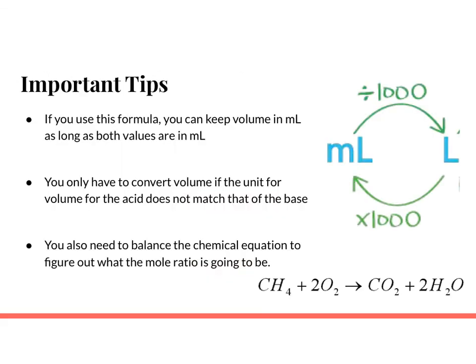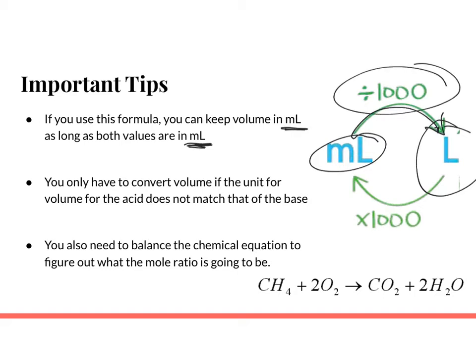The reason why I like this method is because you can skip some steps. In this type of formula, you can keep your volume in milliliters, which we weren't able to do before, as long as both volumes are in milliliters, because milliliters cancel out. If you're more comfortable working with liters, in order to go from milliliters to liters, you're just going to divide by 1,000.